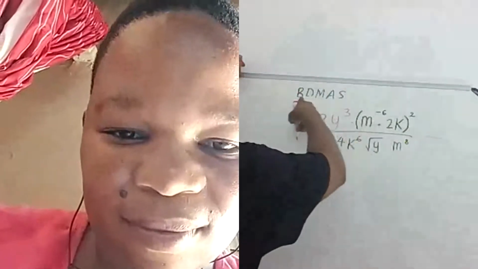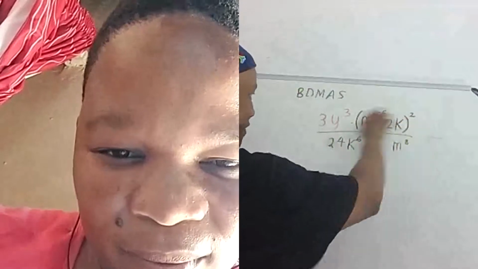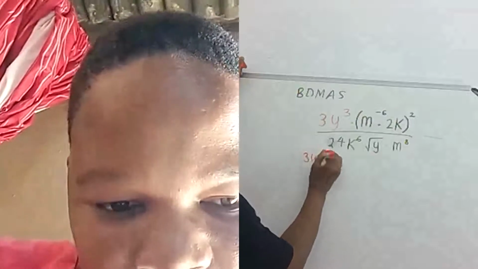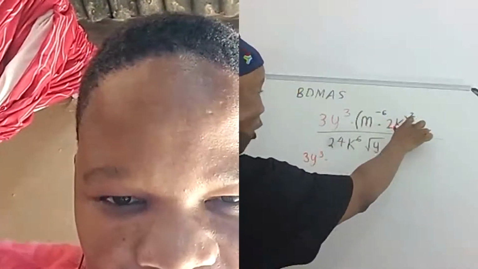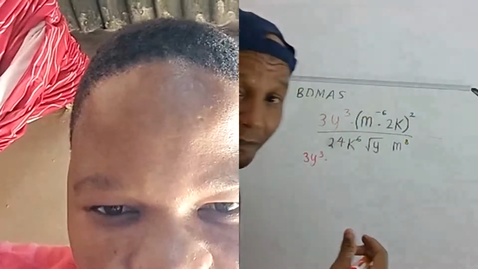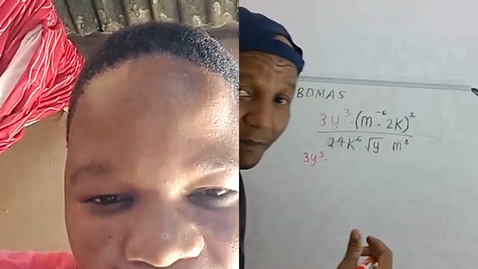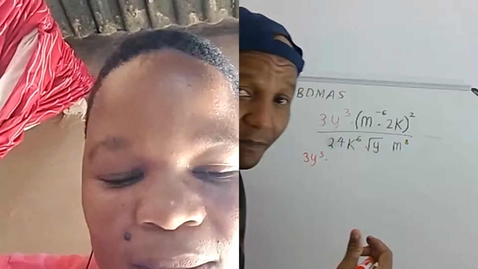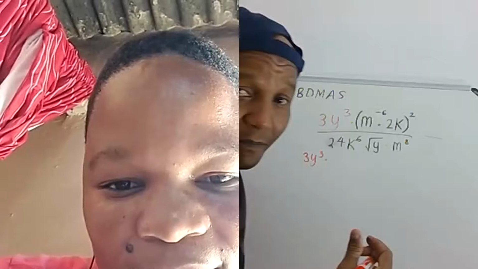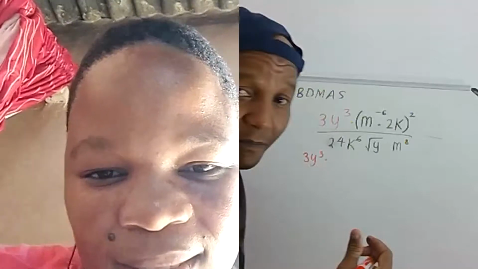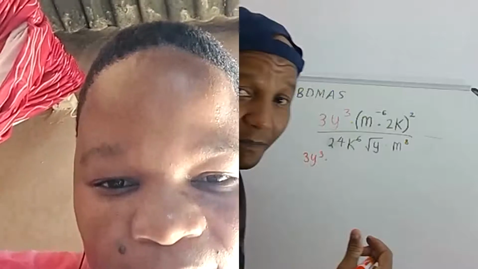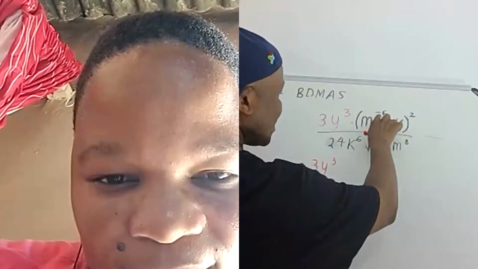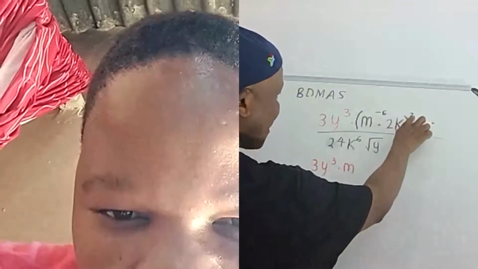We start with the bracket. Remember, the bracket is for all of them: I'm going to write my 3y power 3 as it is, and the bracket applies to m power -6 times 2k, all squared. So I write my m: the 2 power multiplies the exponent, so m power negative 6 times 2.